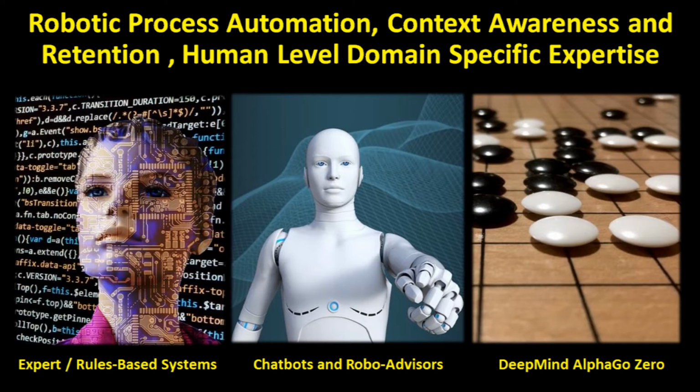So here what we're talking about is context awareness. So maybe we can talk to a robo-advisor, and based on an understanding of our language, different types of intervention are made and different types of responses are given to us. The third area is human-level domain specific expertise. And here we're talking about artificial intelligence applications that can operate far better at a far deeper level than humans, but in a very narrow domain.